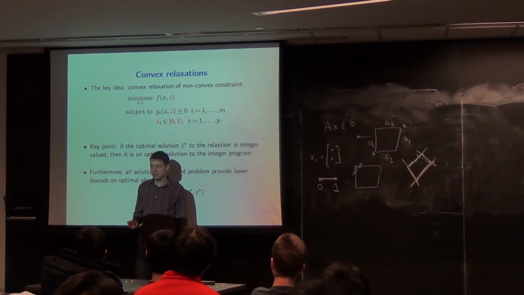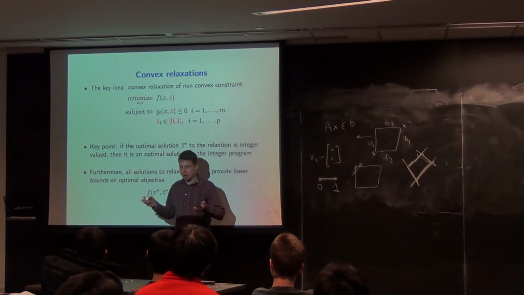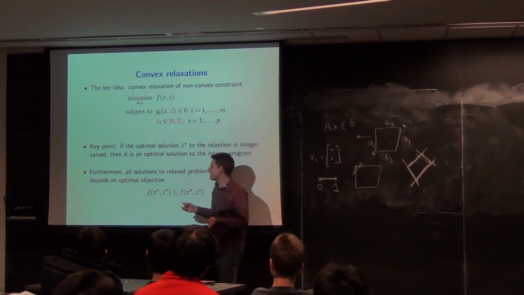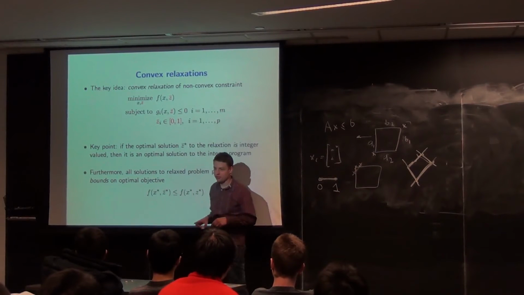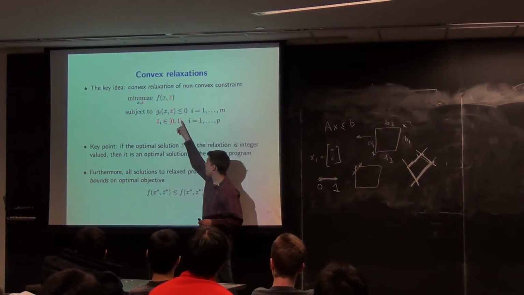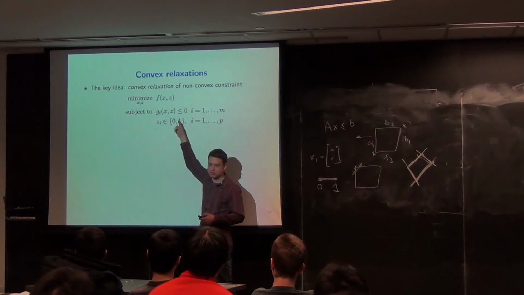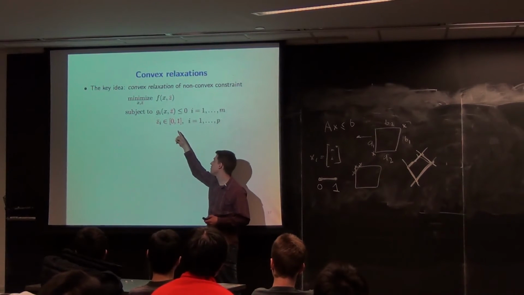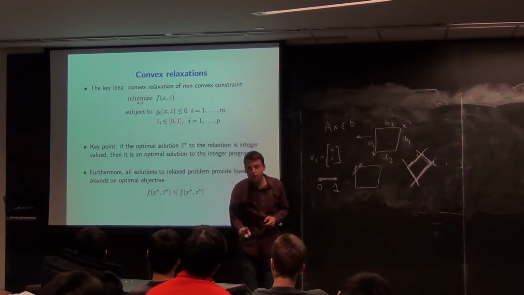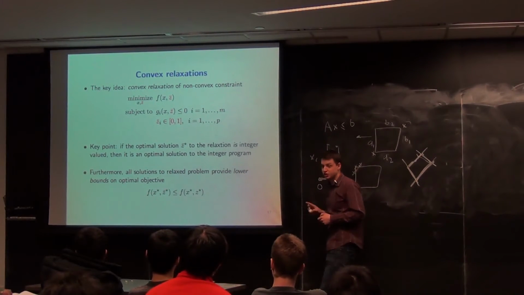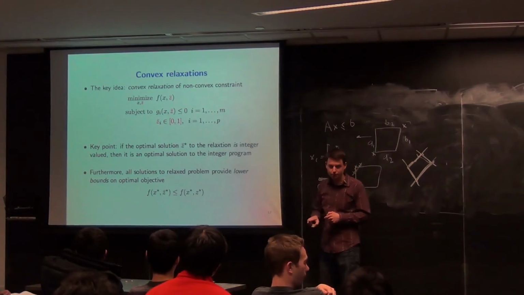Does everyone see why that is? Because we've expanded the number of allowable points. If some point that has all 0 or 1 values is the best solution in this whole set, it's definitely the best solution in this set. This is a smaller set of allowable points than this one. So immediately we have that if we solve this problem and get an integer solution, then that is an optimal solution to the original program.